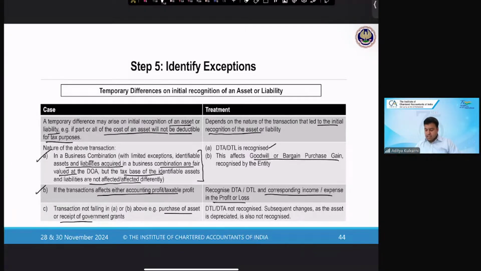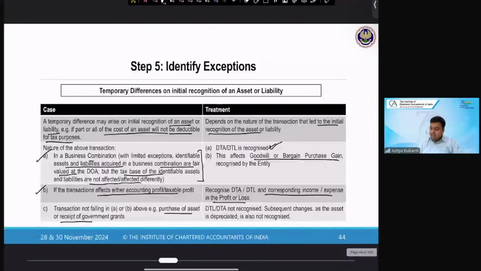If the transactions affect either accounting or taxable profit, so if this is the case, DTA or DTL is recognized. This affects goodwill or bargain purchase gain recognized by the entity. See, for accounting purposes, I will do a fair valuation. But for tax purposes, there is no fair valuation. So that creates a temporary difference. So please go ahead, recognize the DTA or DTL.